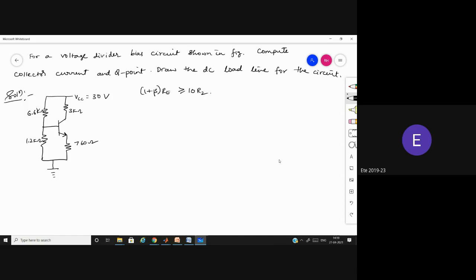Check this. Consider beta as 100. So it is 101 into 3 into 10 to the power of 3, and 10 into 1.2 into 10 to the power of 3.